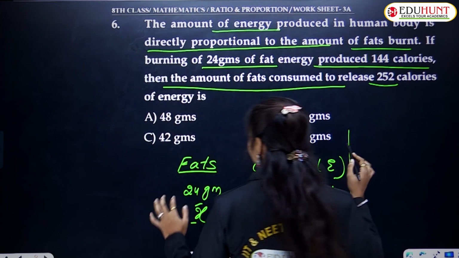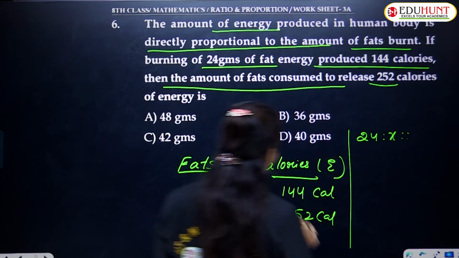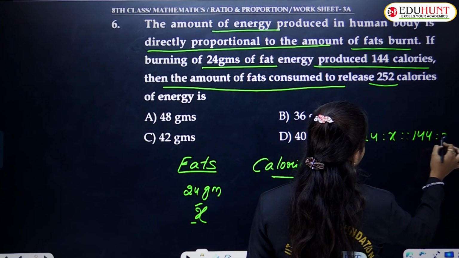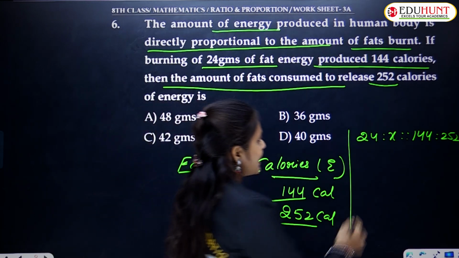So here we have to take the ratio: 24 is to x as 144 is to 252. From this we need to find the x value.